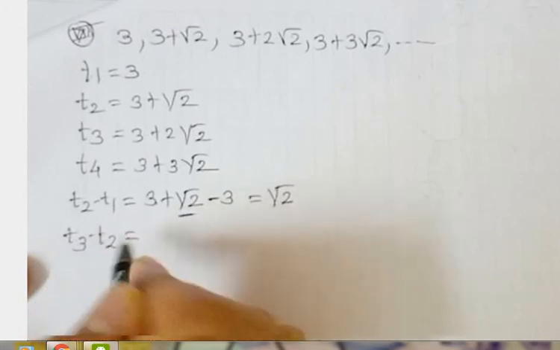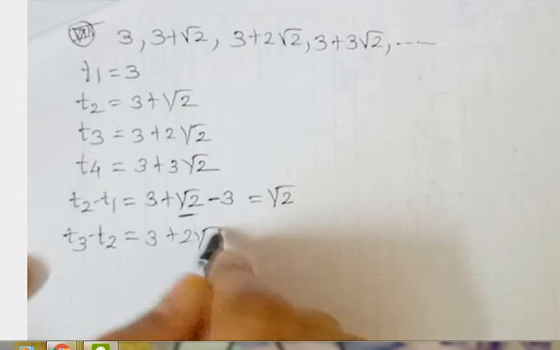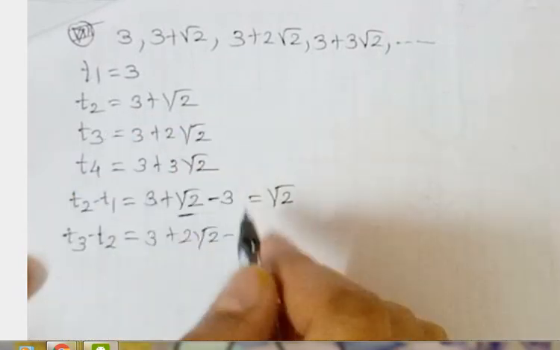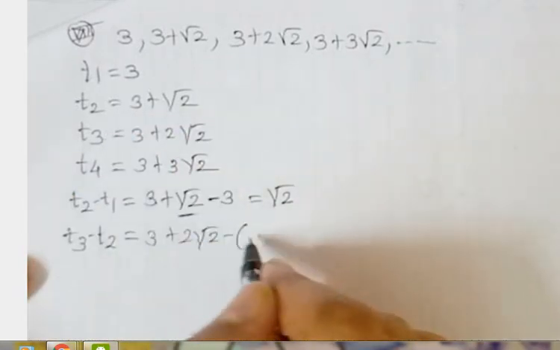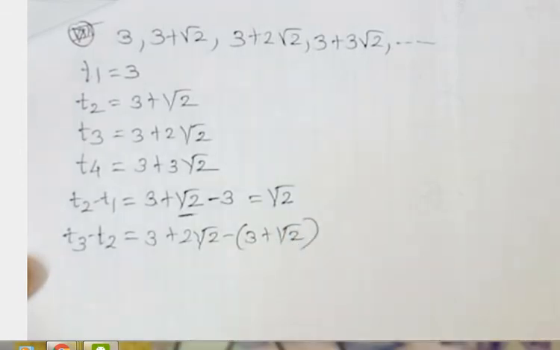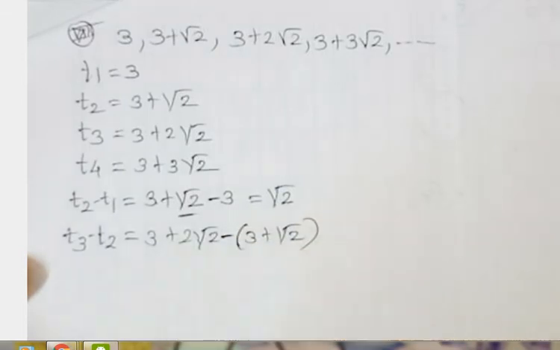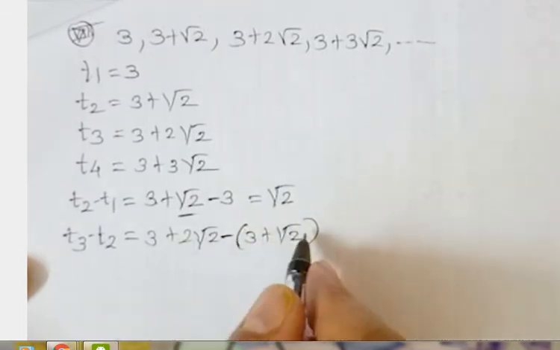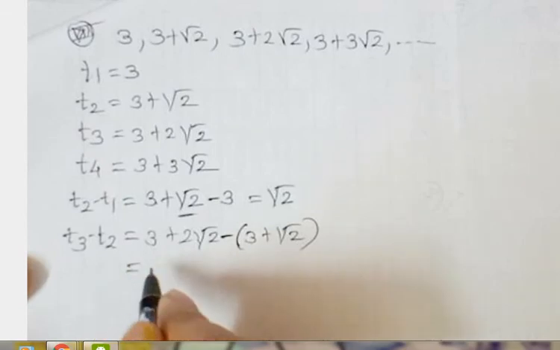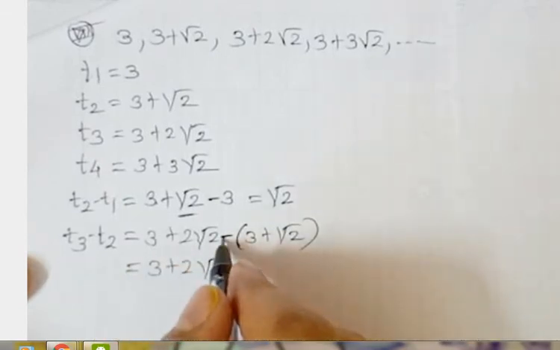Again t3 minus t2. Okay, t3 is 3 plus 2 root 2 minus t2, write in bracket, 3 plus root 2. Why do I write this bracket? Because outside the bracket there is a minus sign, and therefore we should write the second term in bracket, that is 3 plus 2 root 2.